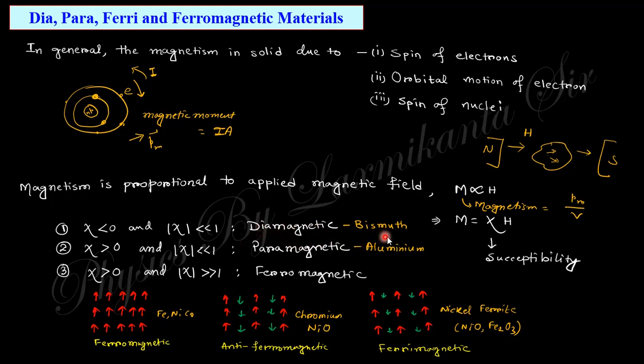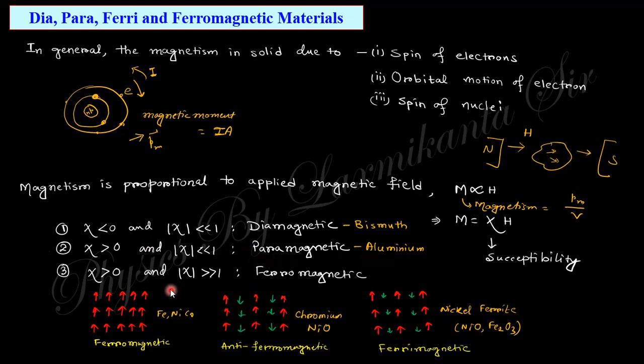For example, bismuth is an example of a diamagnetic material. Then another category of material is where chi is greater than 0, that is positive, but the magnitude of chi is very much less than 1. So in both cases the value is very much less than 1, but one is positive, one is negative. For negative this is diamagnetic, for positive this is paramagnetic.